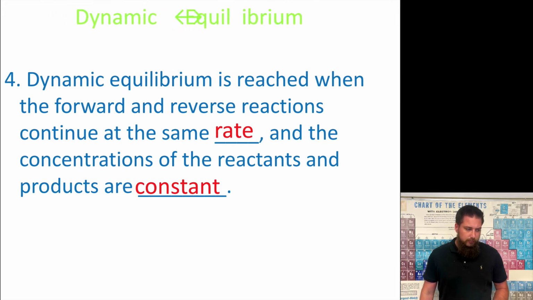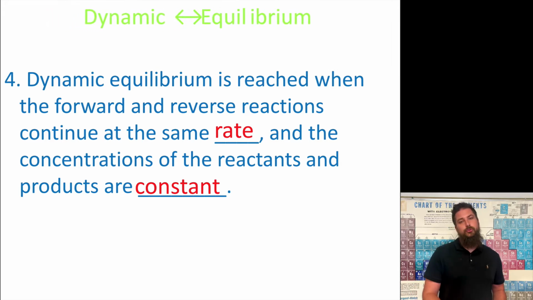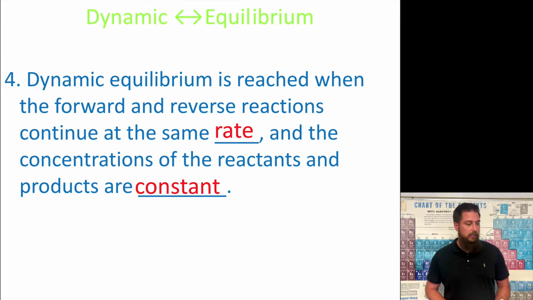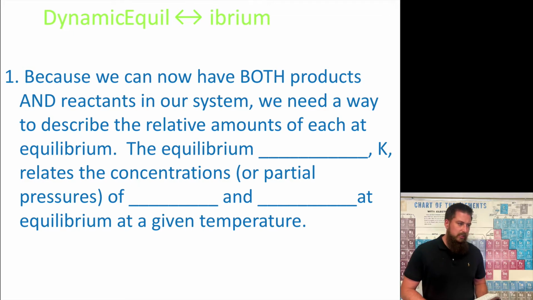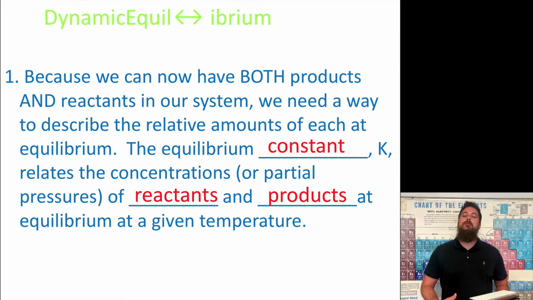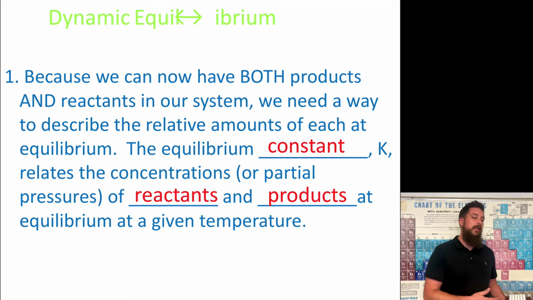Now, when equilibrium is achieved, the concentrations of product and reactants are constant. Because we can now have both products and reactants, we need a way to describe the relative amount of product and the relative amount of reactant.